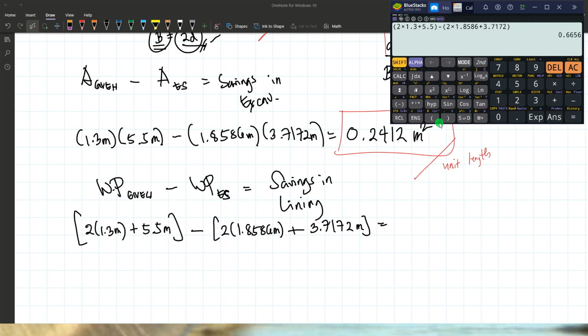That's 0.6656. So that's the perimeter per unit length.